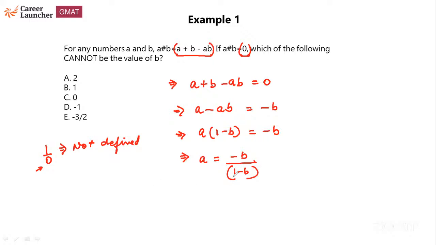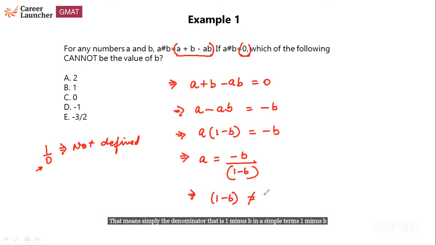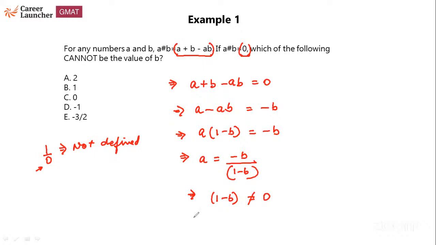That means simply the denominator, 1 minus b, can never be equal to 0. That means b can never be equal to 1. Which of the following cannot be the value of b? That is option B.